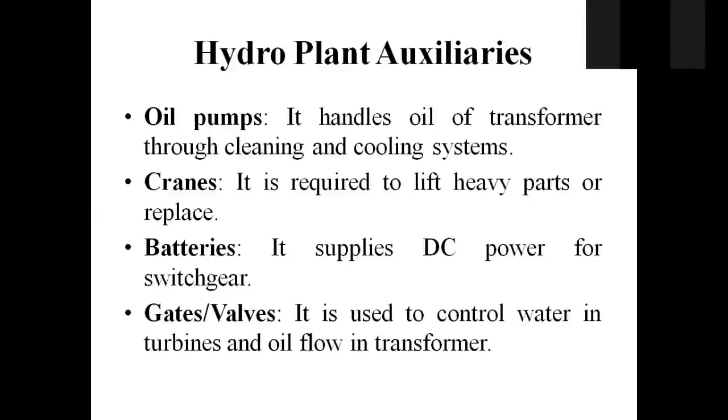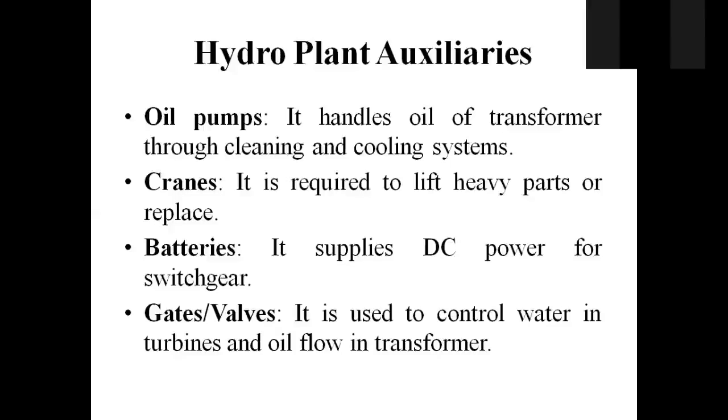Also we have oil pumps. Now we know that oil is used for cooling of transformers. So the pumps are required to flow the oil around the transformer so that it cools the transformer.